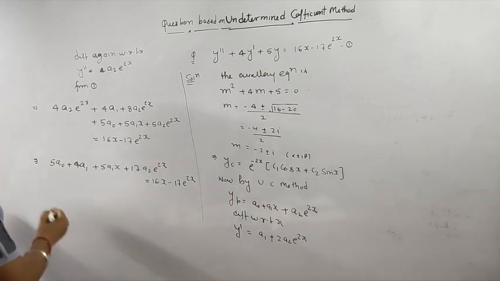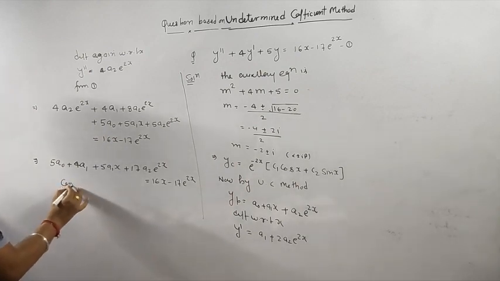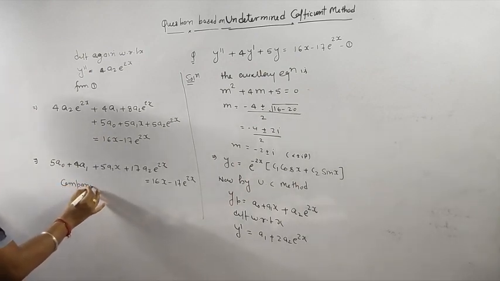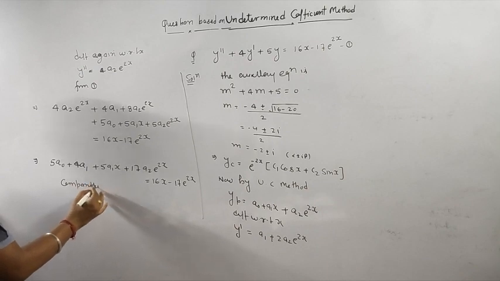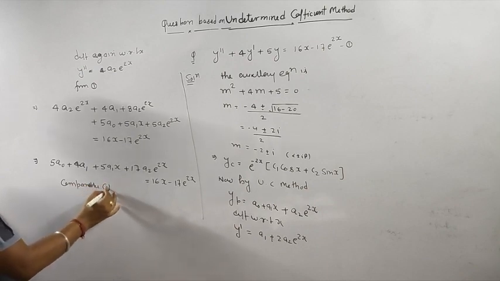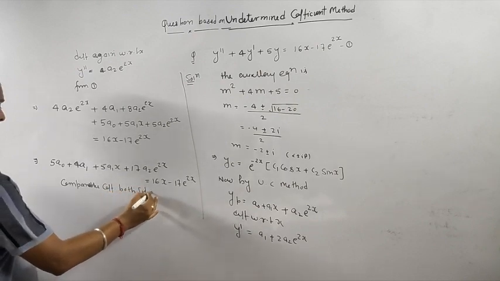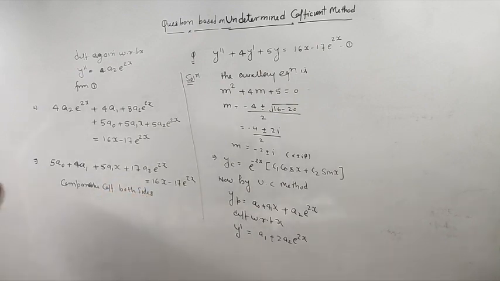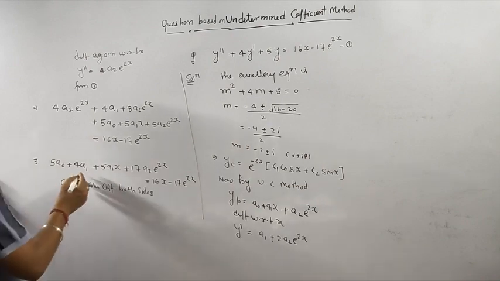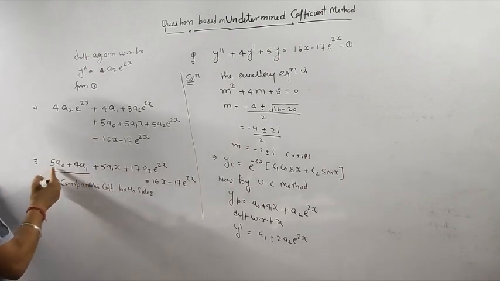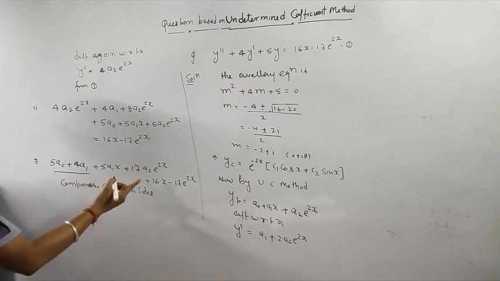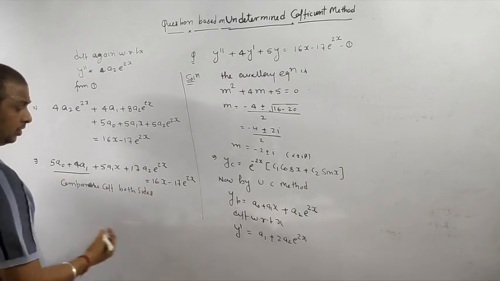Correct? Now compare the coefficients of both sides. Once you simplify, just compare the coefficients. See, what is the constant part here? 5a0 plus 4a1. The constant part is not there on the right.